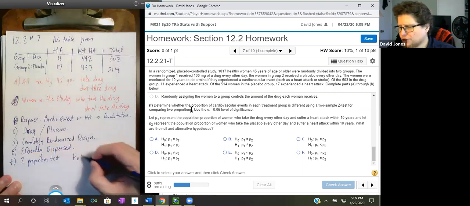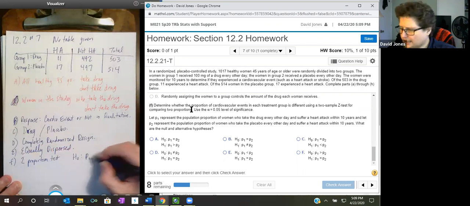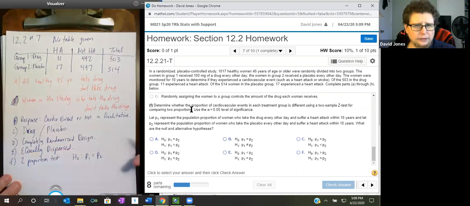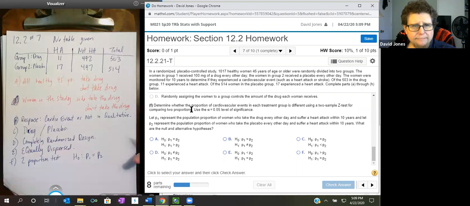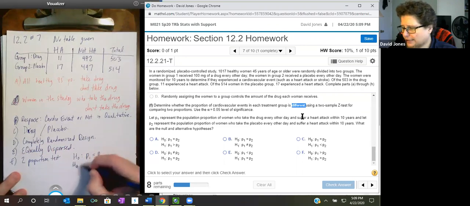Well, H0 for a two-proportion test is the two proportions are equal. And they say determine whether the treatment group is different. That's the one where HA should have a not equal sign.